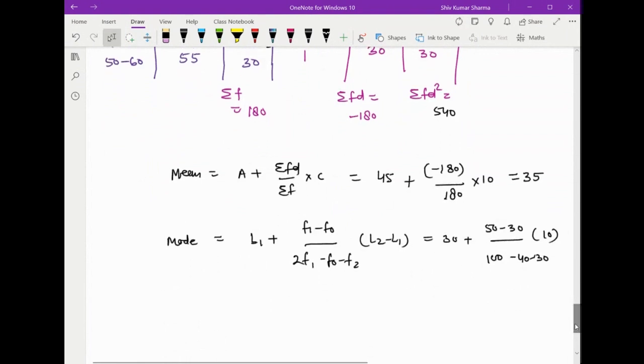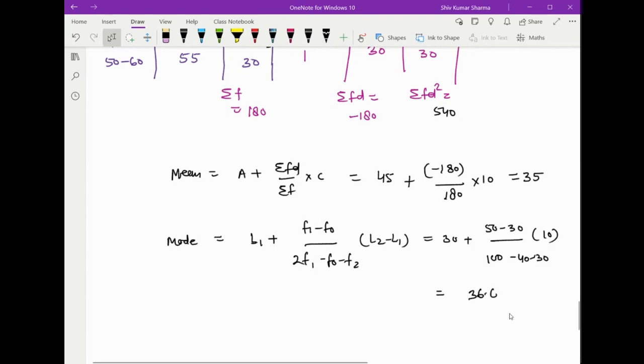What is the value? Calculate this. Okay, very good. The mode is 36.67.